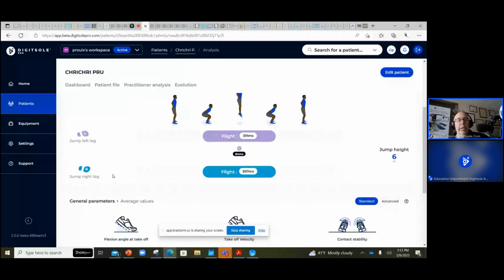So the first thing that we can look at is the comparison between the flight time. And one would question, well, why would that be different? Well, it depends, because if you're not getting full extension at the hip and the knee and plantar flexion, that foot is going to come off the ground sooner than the other foot, right?